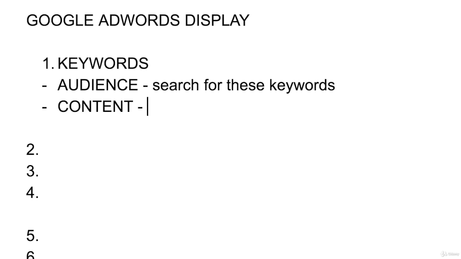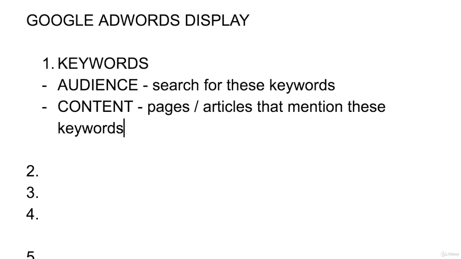And then you can target content. That means pages, articles that have inside them these keywords, that mention these keywords. So you have one way of targeting keywords, and this one way has 2 subsections, audience and content.